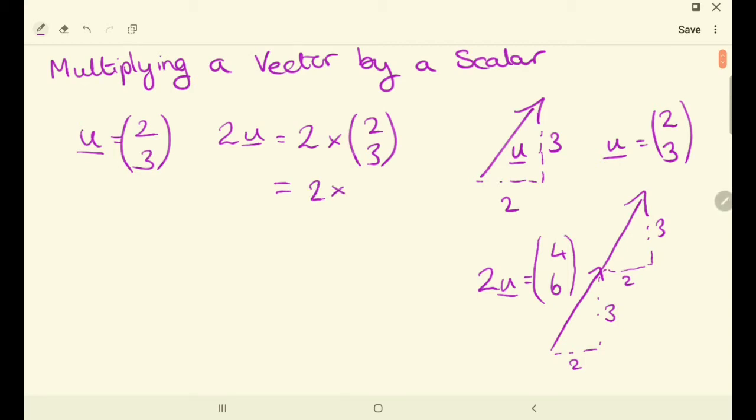So we're going to have 2 times the x and 2 times the y, and then we simplify that down to (4, 6). As you can see, we've got the same answer, but we didn't have to do the drawing to figure it out.